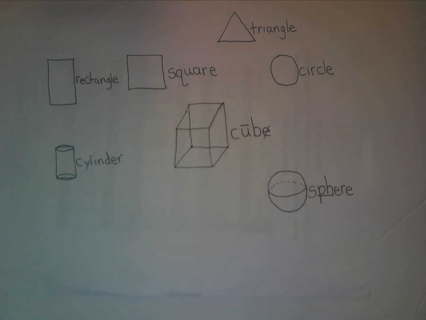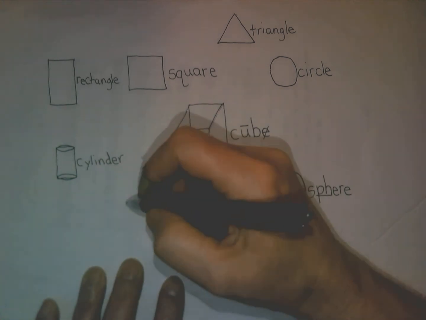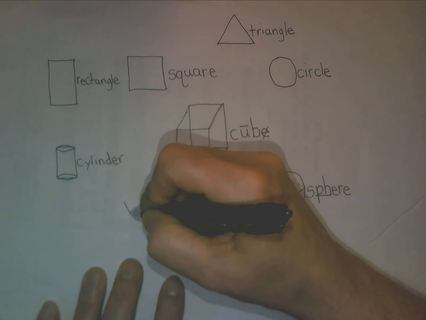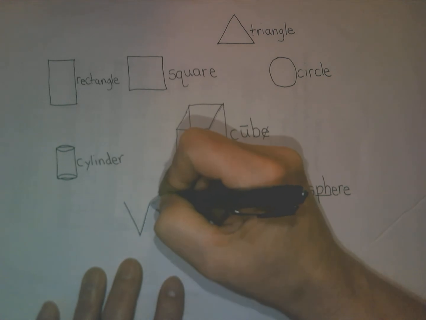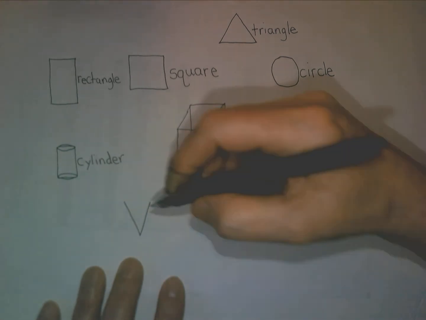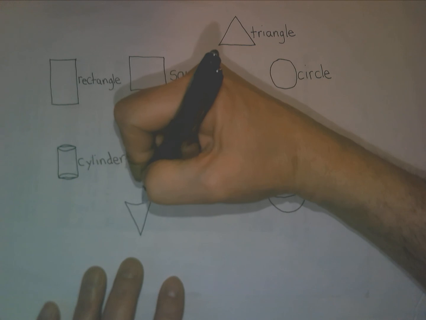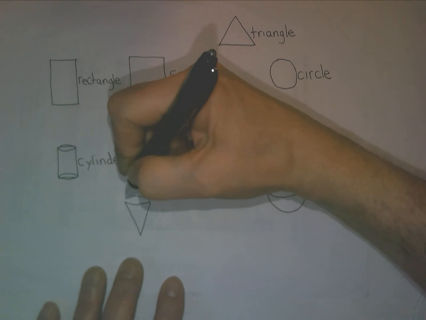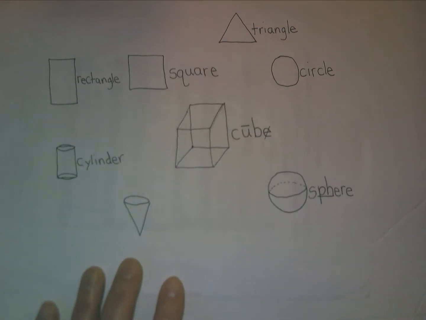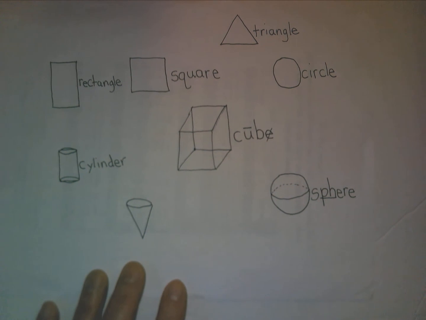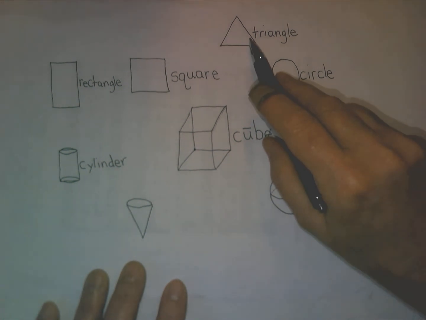One that's shaped kind of like a triangle? I'll show you what I mean. I'm going to do the triangle upside down like this. And then I'm going to put a round opening on the top. Does that look familiar? It's kind of like a triangle, isn't it?